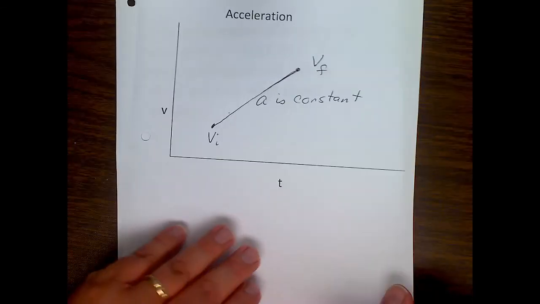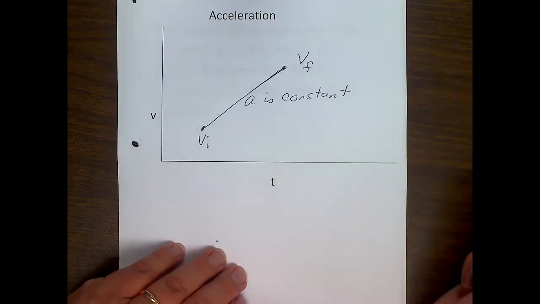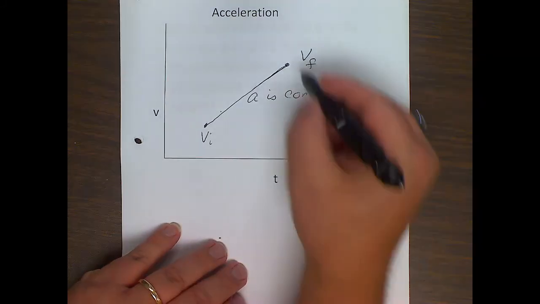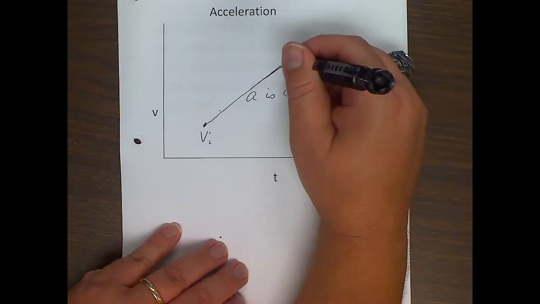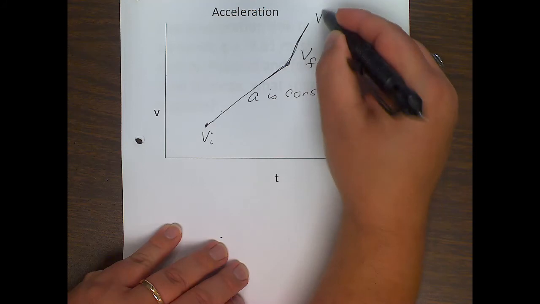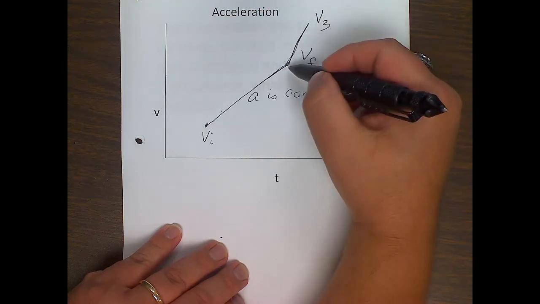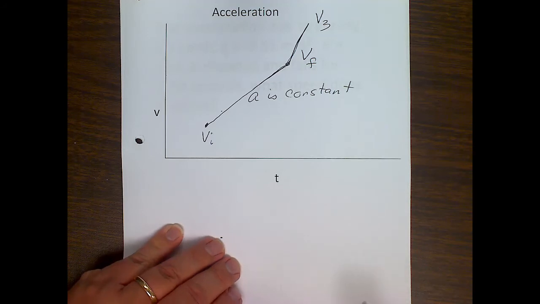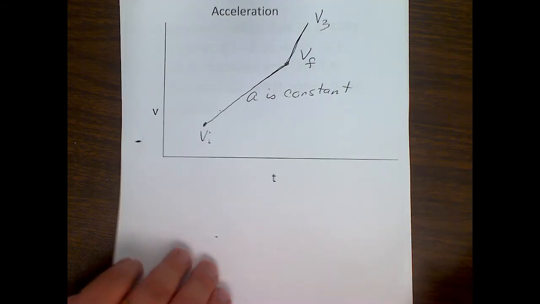If you were to draw two speeds or two velocities over a given time, we may have this and then a different situation where we have a V3. These two would be connected by a straight line. We'll have those possibly, but it's not going to be a constantly changing curve.